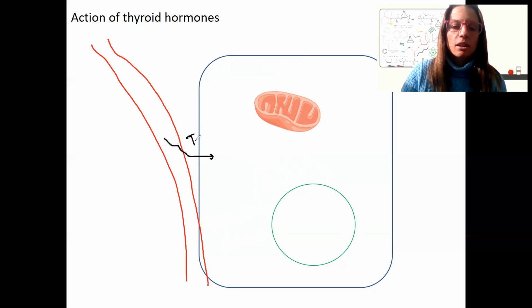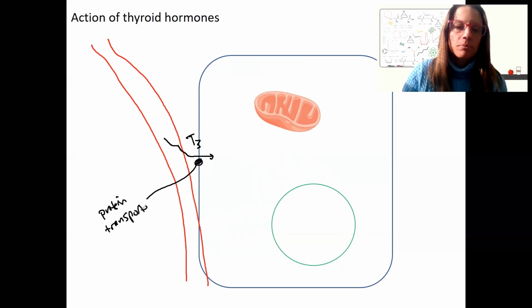It's going to go into the cell. How does it do that? Well, it's hydrophilic, so it can't just pass through the cell membrane, but there is going to be a protein, a transporter that allows it to come in. It's going to go inside the cell because its actions are inside the cell.